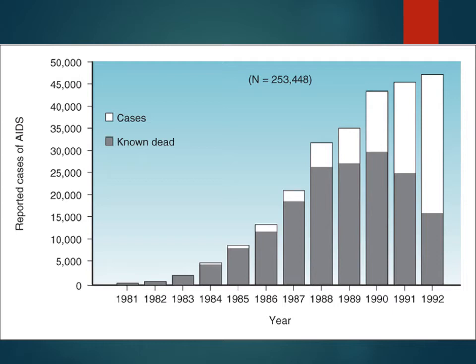The total height of the bar is the new incident cases diagnosed each year. The purple section of the bar is the number of patients who were dead at the point prevalence in 1992, the end of the study period. So everyone that was diagnosed in 1981, by the time 1992 rolled around, all of them had died.